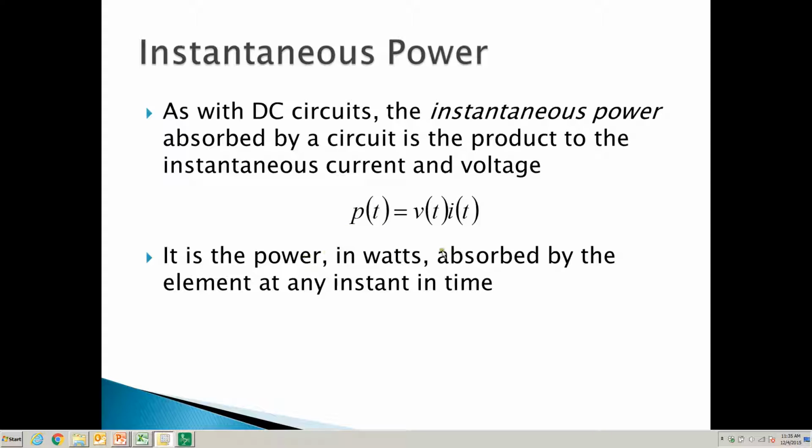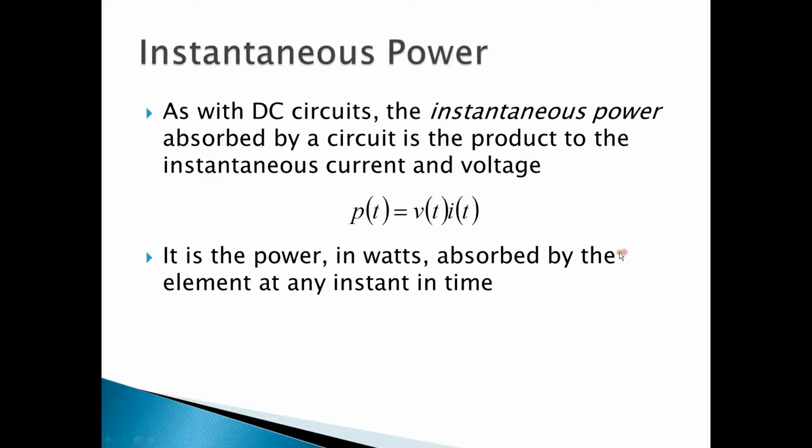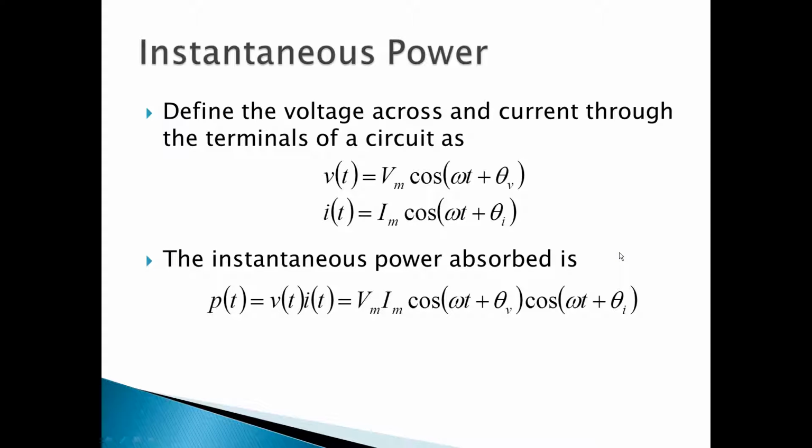And the power here is in watts. That is representative of the amount of power that is absorbed by the element or combination of elements at any instant in time. The next thing I'm going to do is represent my AC current and my AC voltage in terms of trigonometric functions as a cosine.